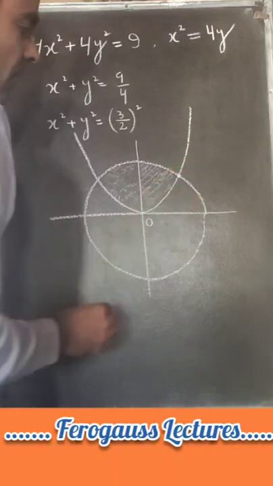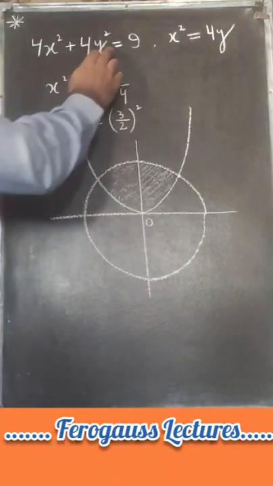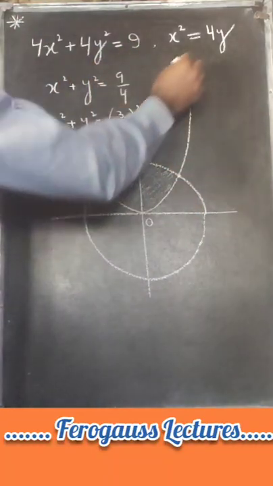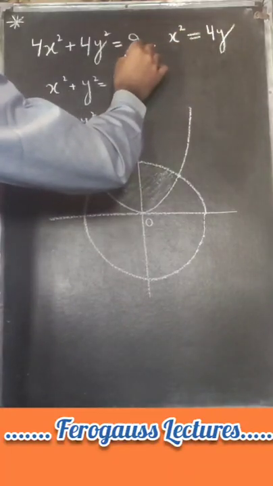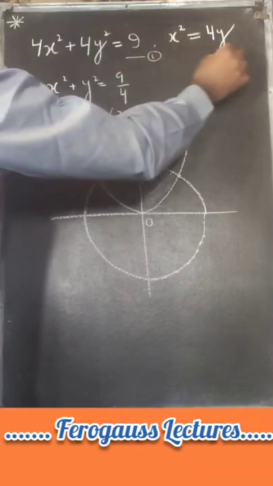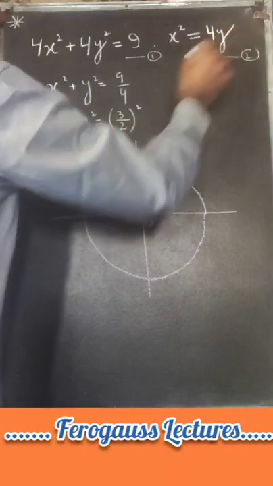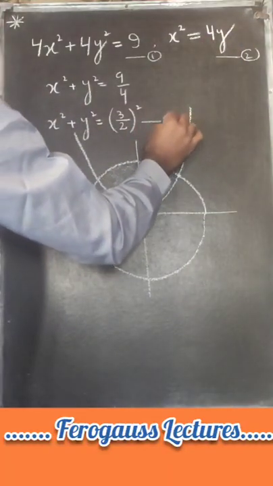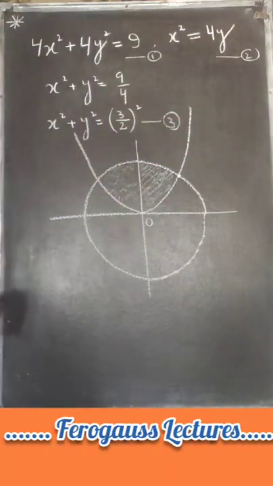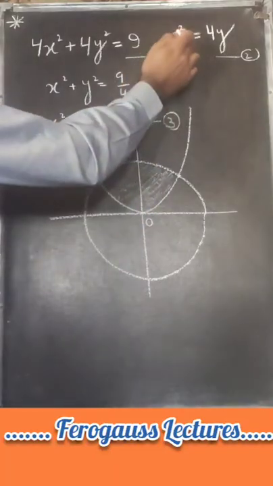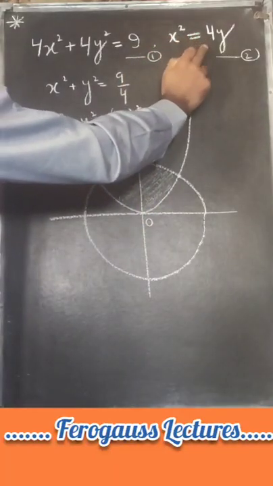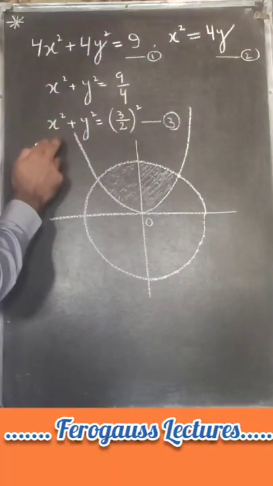Okay, for that we will solve these two equations. Let us name this as equation first, this as equation second, and this as equation third. Now substitute x square from equation second in equation third.